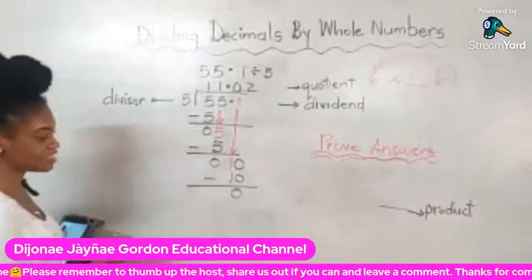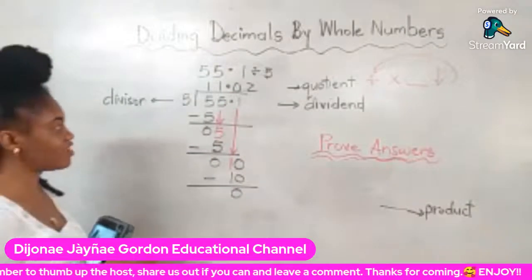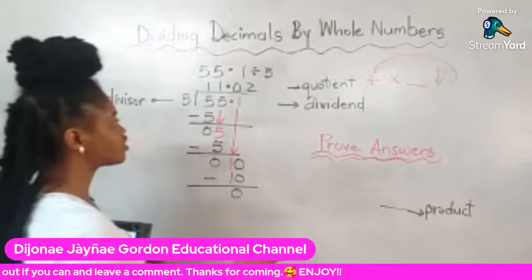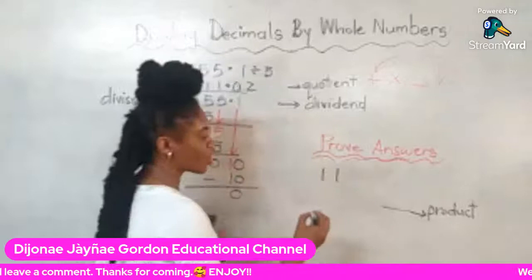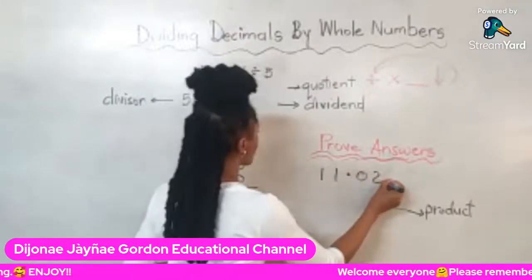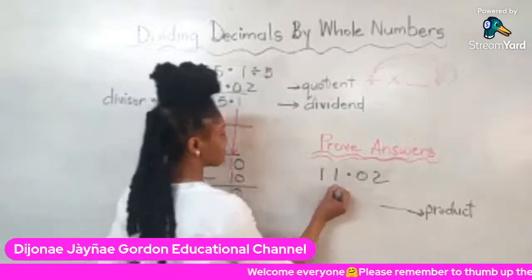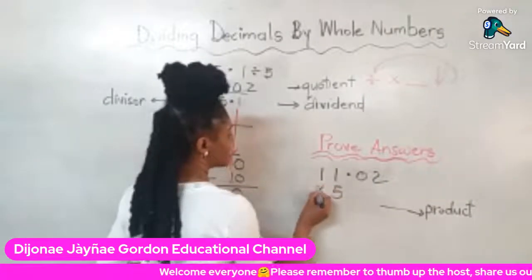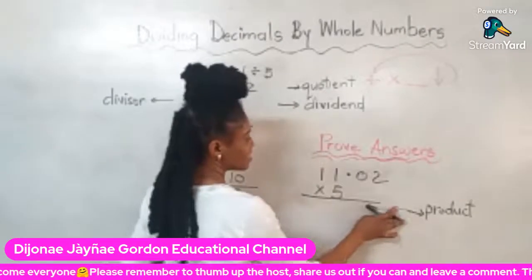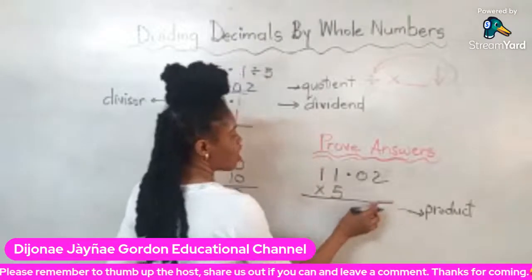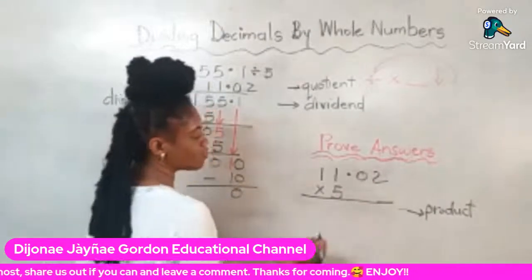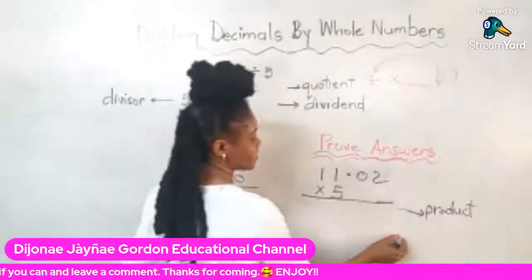And of course, let us check to see if our quotient is correct. How do we check to see if our quotient is correct? We are going to multiply our quotient by our divisor, which is 5. All right? So I'm checking now. 5 multiplied by 2 or 2 multiplied by 5 is 10.